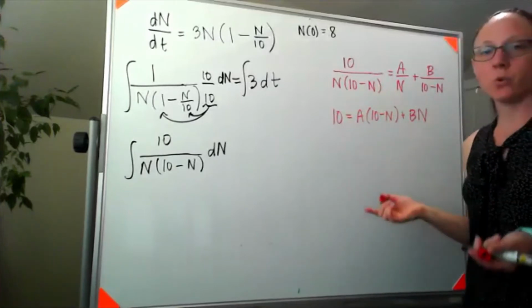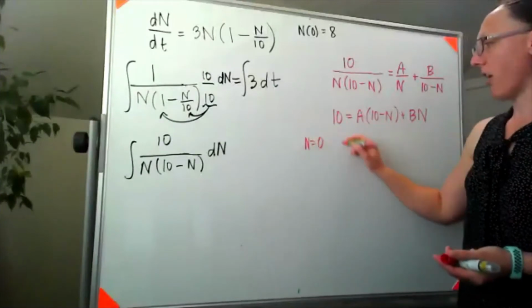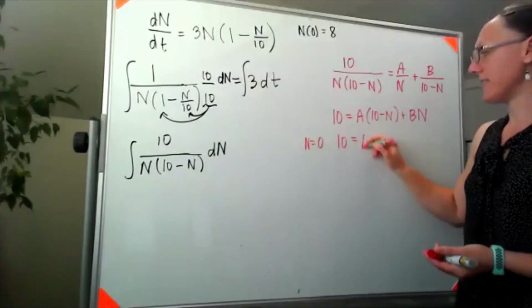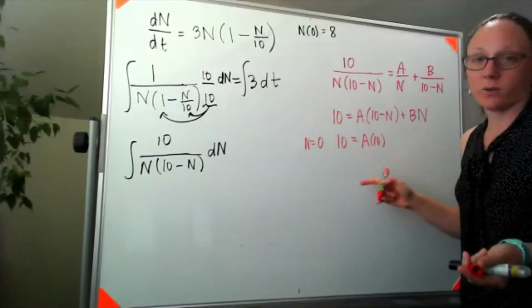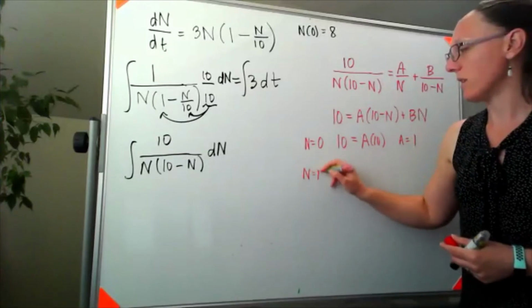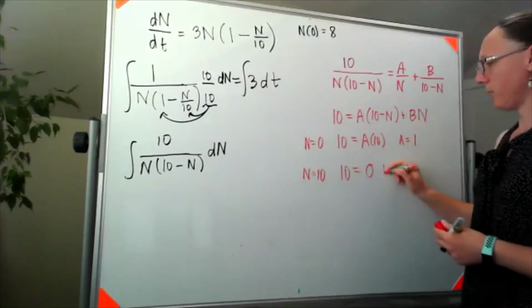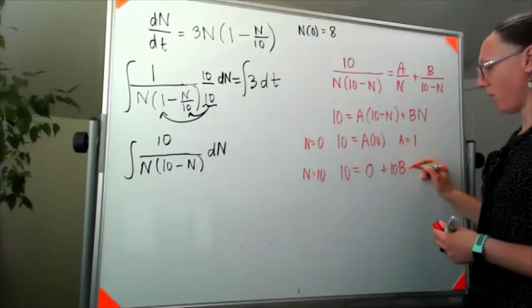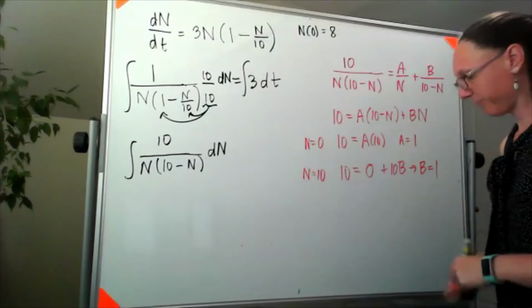We do have two nice numbers that we can plug in. When n is 0, this will become 10 is equal to a times 10, or a is equal to 1. And when n is equal to 10, this will look like 10 is equal to 0 plus 10b, or b is equal to 1.